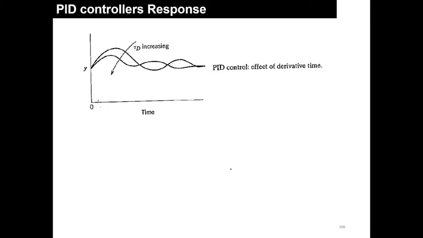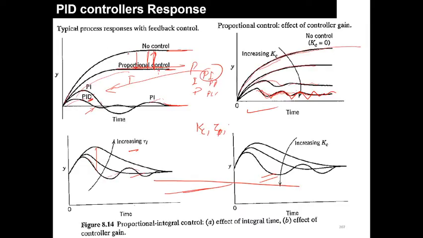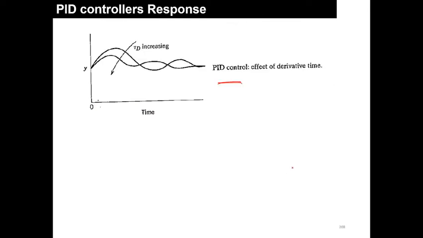Now come to the next, the PID controller. In the PI controller, this is for the integral tau I, and this is for the Kc. You can see here, when Kc is increasing, this type of response will come.